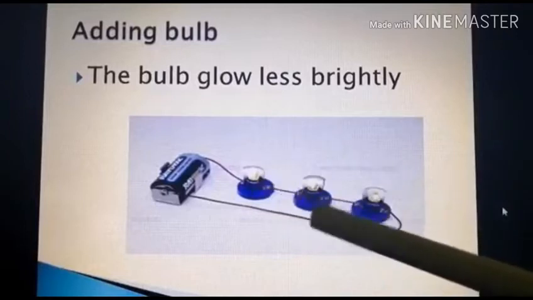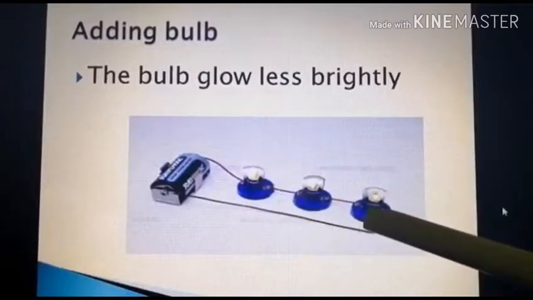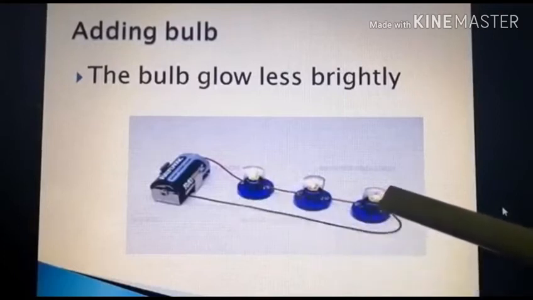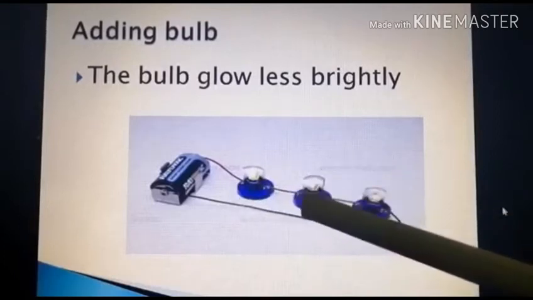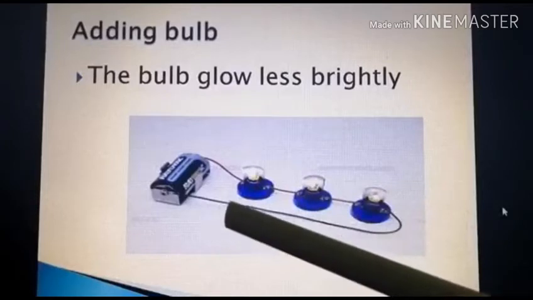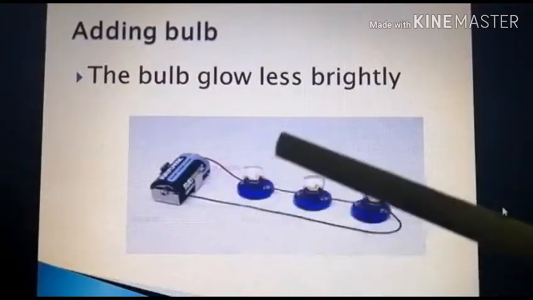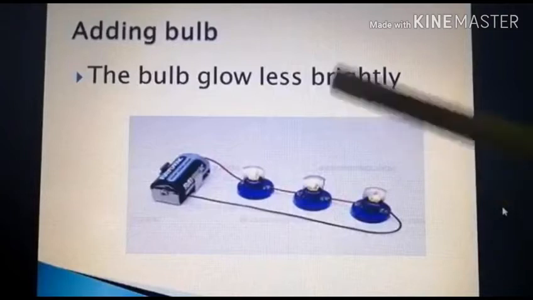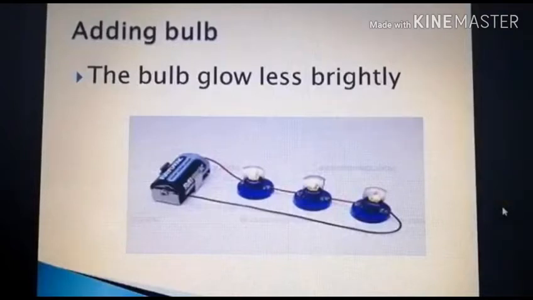So the bulbs are very dim because these 3 bulbs are sharing the electric current. They all share the power from the battery, so the bulbs will glow less brightly. When we add components, the bulbs will glow less brightly.